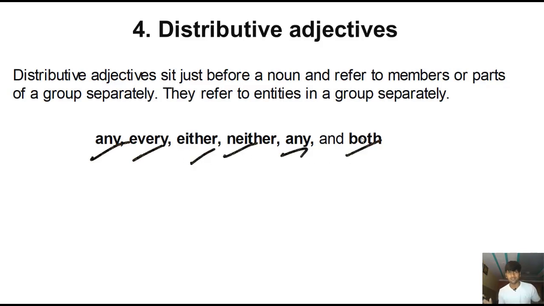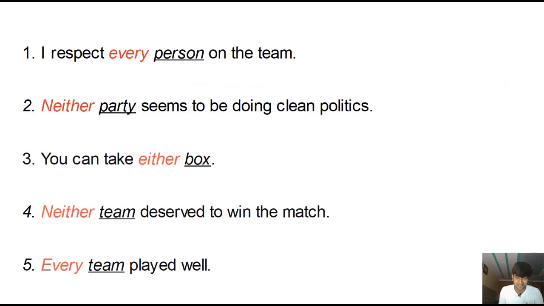These are the most common distributive adjectives we have in the English language. Let's take some examples. And if the noun phrase which has a distributive adjective works as the subject of a sentence, the verb will always be singular. Understand this.